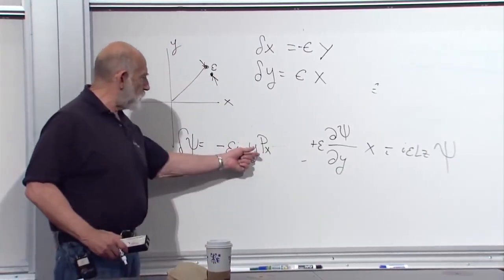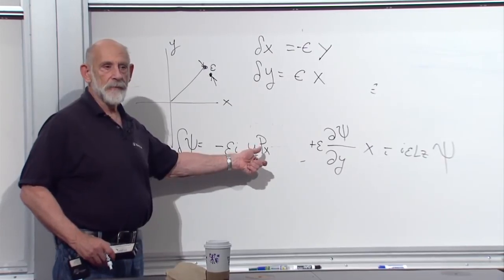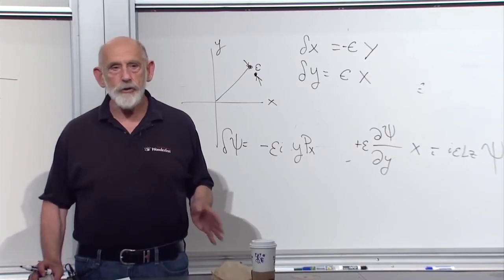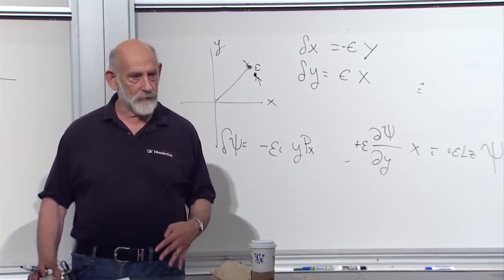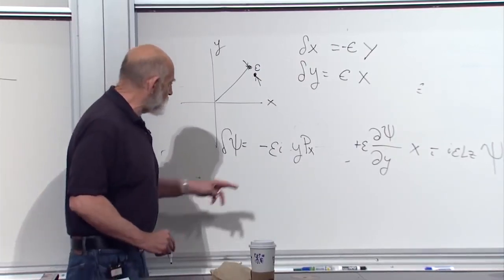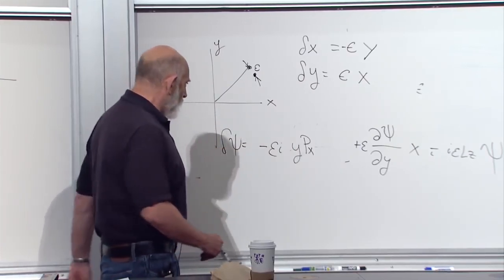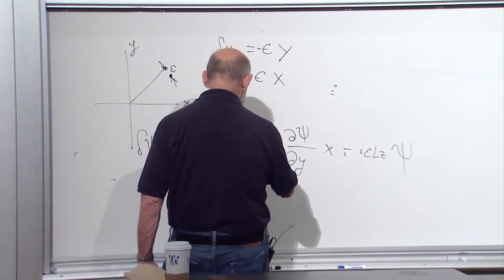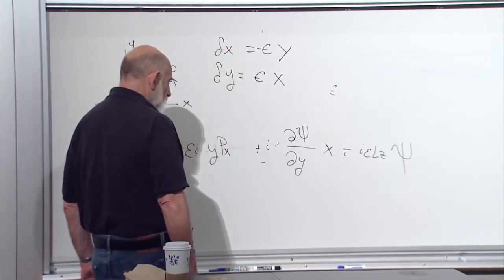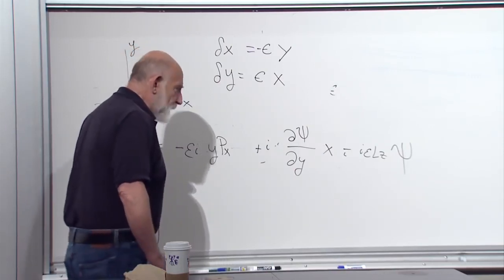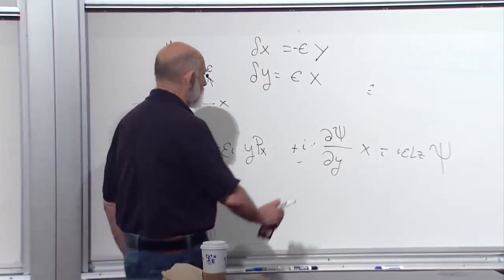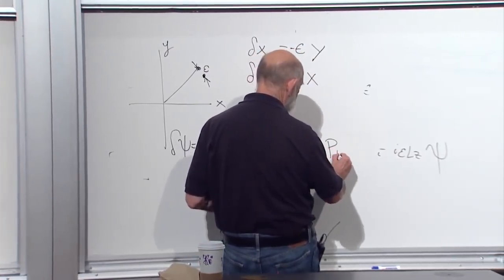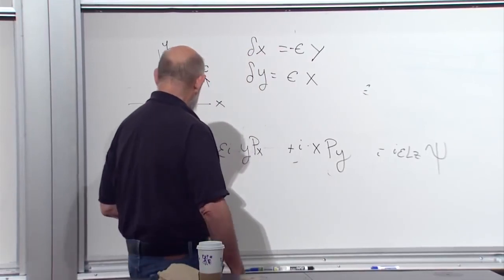Did it matter which order I put down y and px here? Do they commute? Yeah, y commutes with px. X doesn't commute with px. Y doesn't commute with py, but x commutes with py. What about this one? This one is plus I times x py.